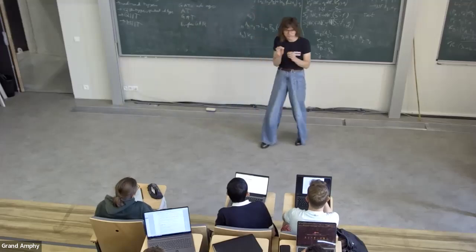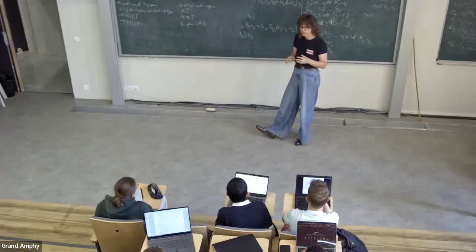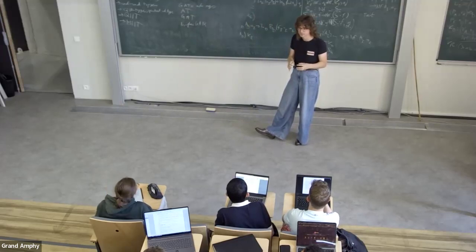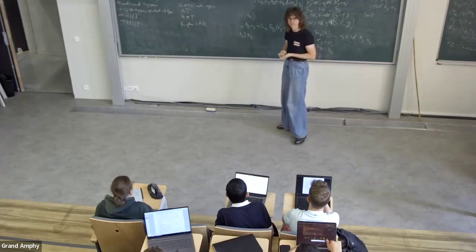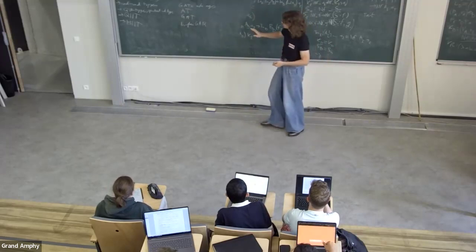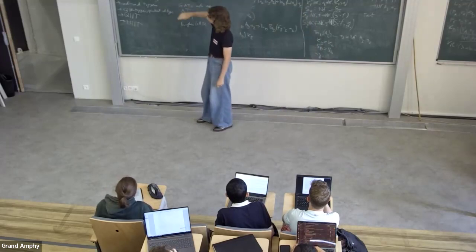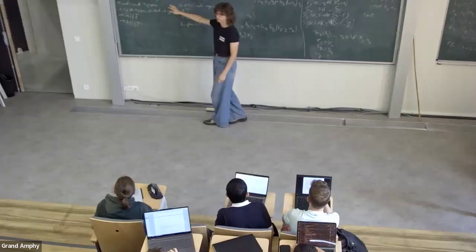To write down signatures for GATs, you have to already have a setup of type theory. I don't know of anything simpler than the syntax of dependent type theory that can describe GATs or inductive-inductive types. It's the same complexity, but this is open if someone comes up with something simple. W types are a very, very simple specification, and indexed W types as well, while this is much more complicated.